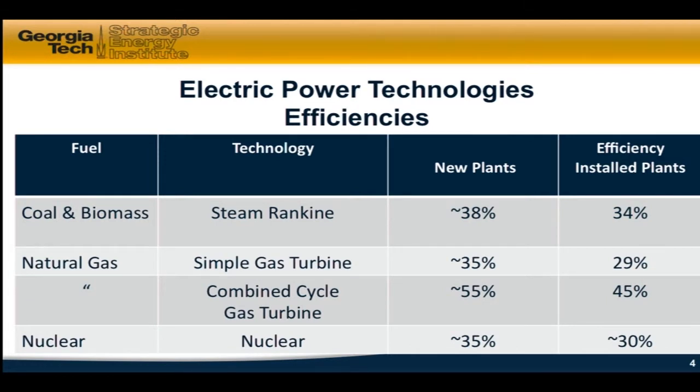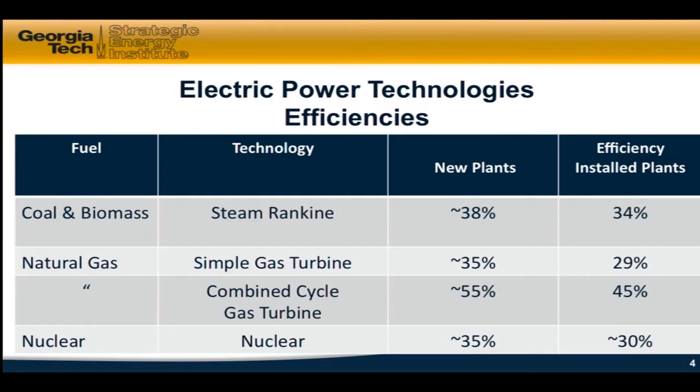So let's look at the efficiencies first. The efficiencies are particularly important for the fossil fuel plants. And if we look at coal and biomass, because biomass is just used in the same way as coal to fire the boiler, then the new plants are up a little above 35% on peak efficiency.